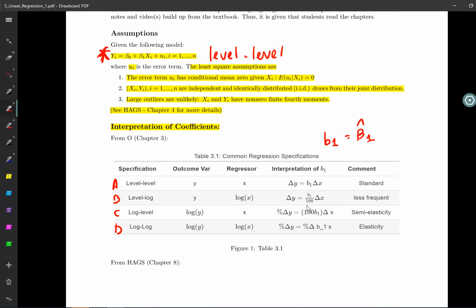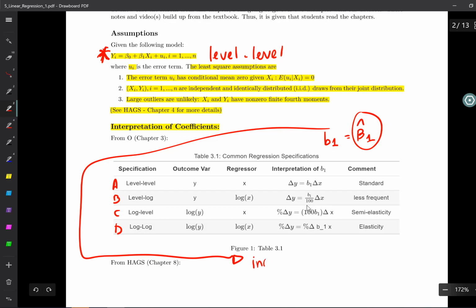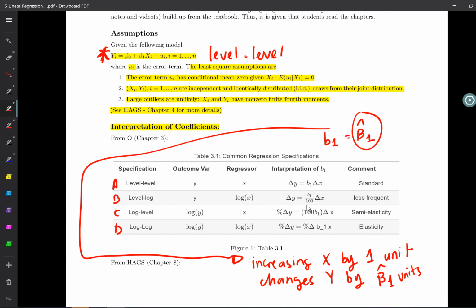So we estimate our model, we find a beta 1 hat, and we're going to interpret that as follows. Increasing x by 1 unit, so it's super important that we know our unit, changes y by beta 1 units. So depending on the units of y. So that's what a level model is.